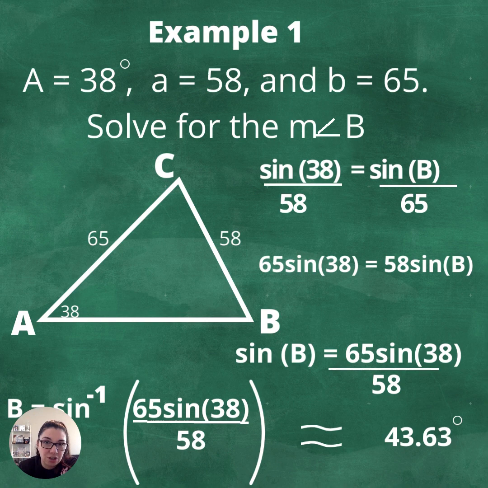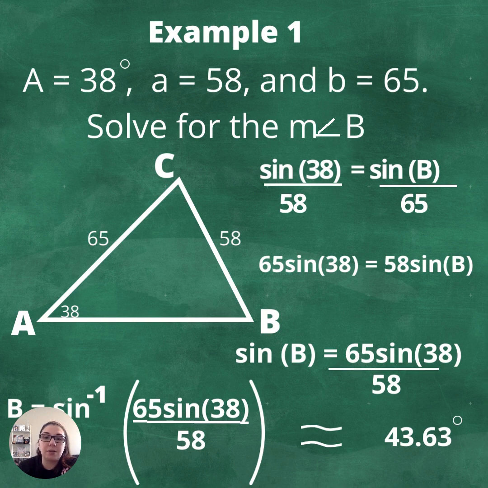So H equals 58 times the sine of B. So if you take your H value and divide it by your A value, you'll get what the sine of B equals. But that's just a little side note. If you don't remember that, don't worry. You can set up the whole problem and just keep going.